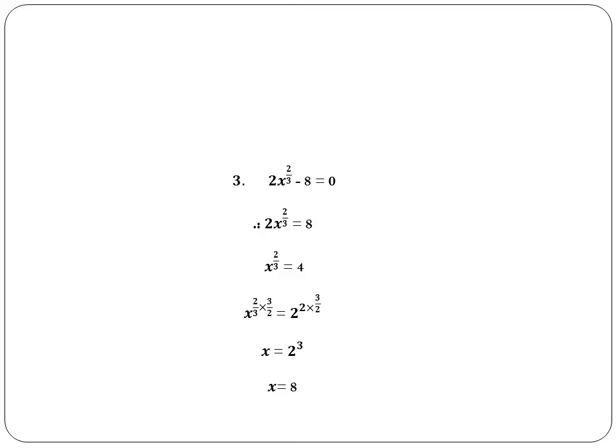Notice here we need to divide both sides by the coefficient of x, which is 2. So 2x to the power 2 divided by 3, divided by 2, and 8 divided by 2. Here 8 divided by 2 will give us 4, as you see there.